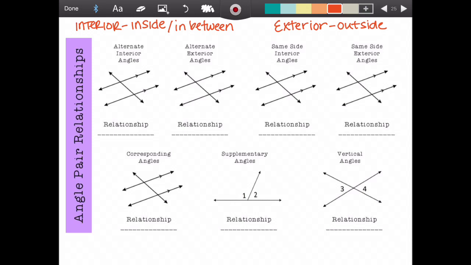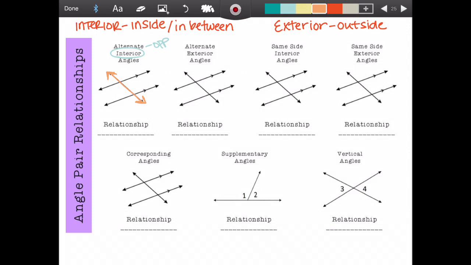So alternate interior angles. Make sure you're looking for these key words. Interior, already you know you're going to be looking in between the parallel lines. Alternate is on opposite sides of the transversal. So we want to locate the transversal first, which is the line that cuts these parallel lines and makes those angles.